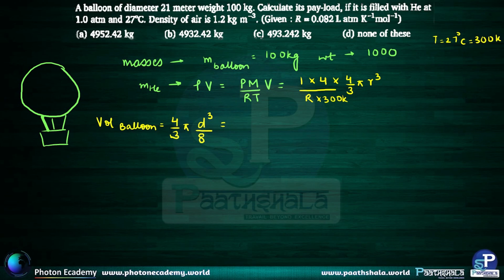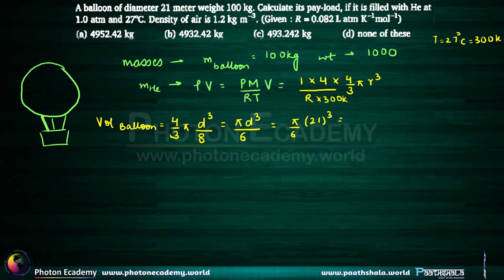We can write it as pi d cube divided by 6 and plug in the value of d as the 21 meters given, pi by 6 into 21 cube, and this volume comes out to be 4851 meter cube. Okay, or we can write it as 4851 into 10 cube liters.